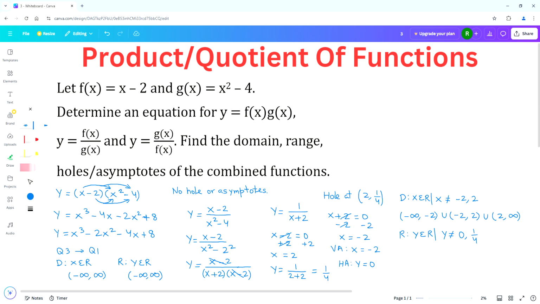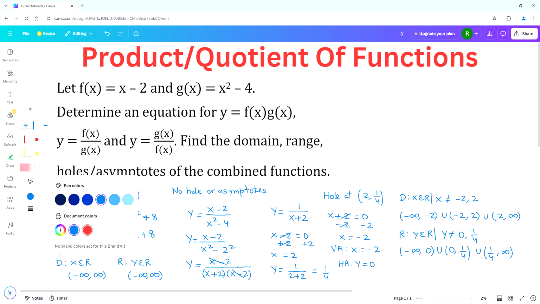We can write this range in interval notation as follows. So we are done with the second part. Now we can analyze the third part.